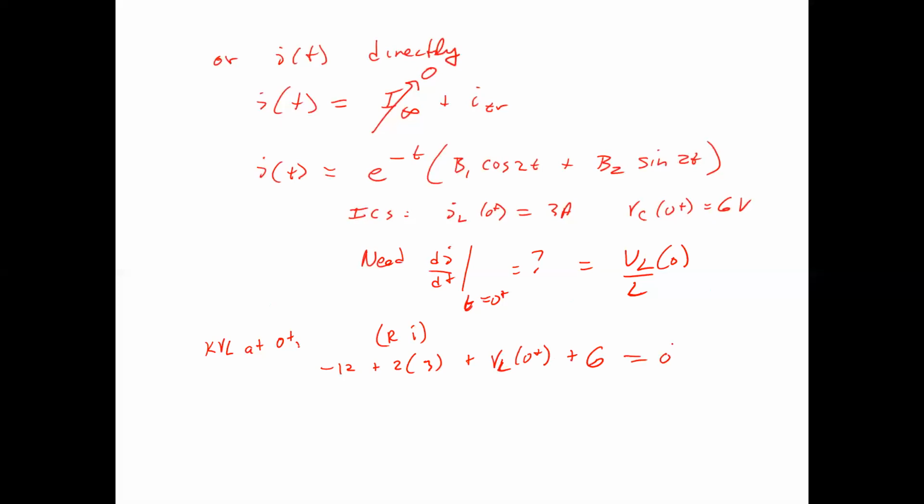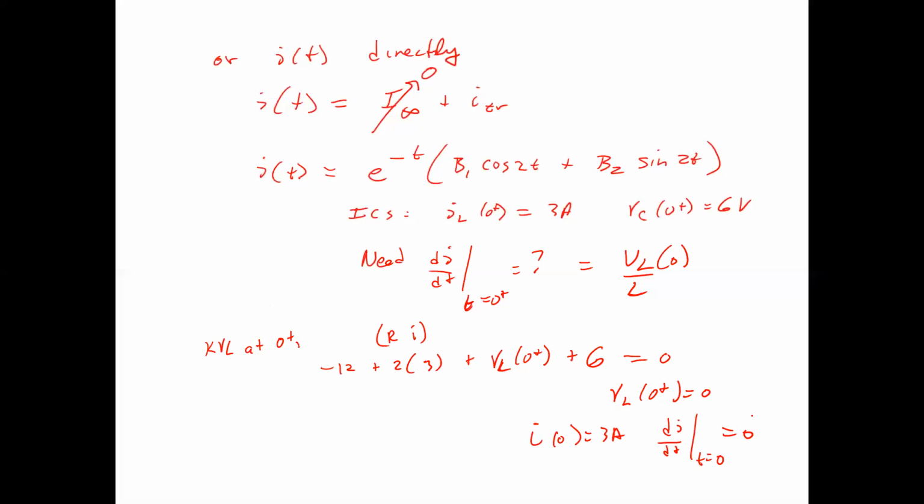When you add all that up, that tells you that VL of 0 plus equals 0, so that I of 0 equals 3 amps, and your di/dt at t equals 0 equals 0. So you can just plug those into the general form and solve, right?